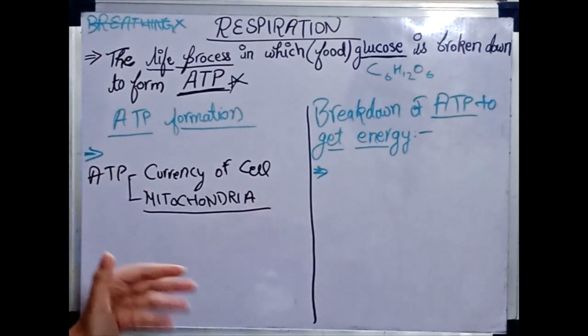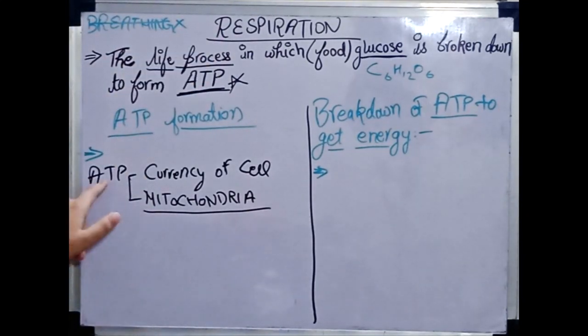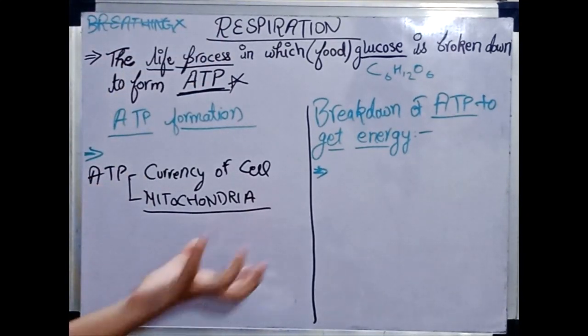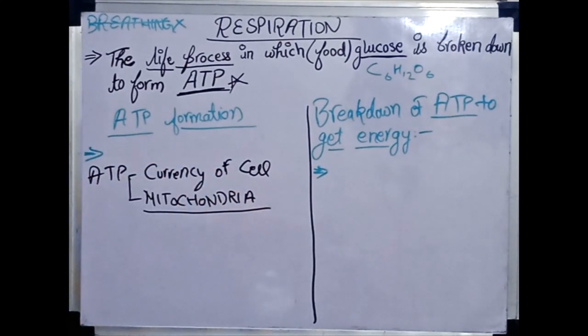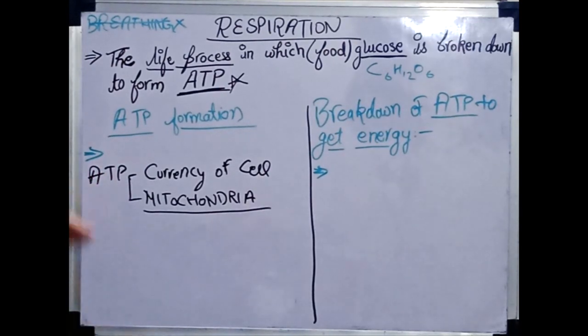ATP is formed by the process of respiration, and if we break down this ATP, it gives us energy. That's why we see mitochondria as the powerhouse of the cell, because it generates ATP, and ATP provides us energy. We are clear with that, right?